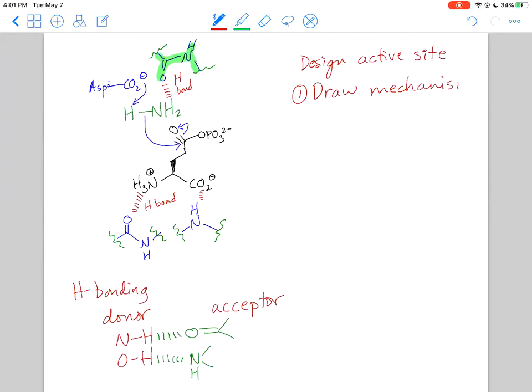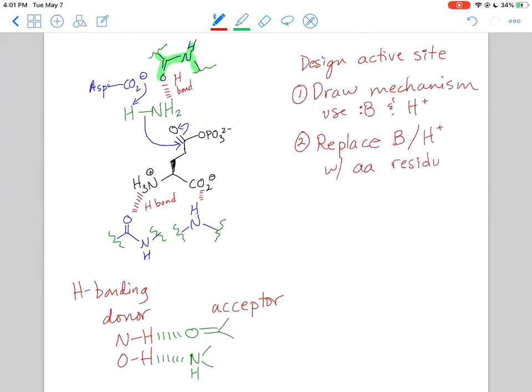If you need any acids and bases, start by using B's for bases and protons for hydrogens. Next, you're going to replace those B's and H's with appropriate amino acid residues.